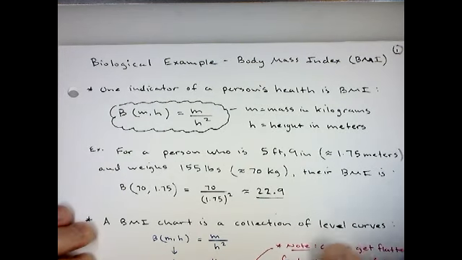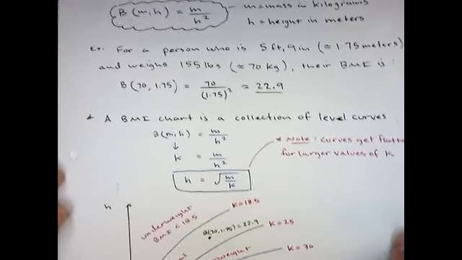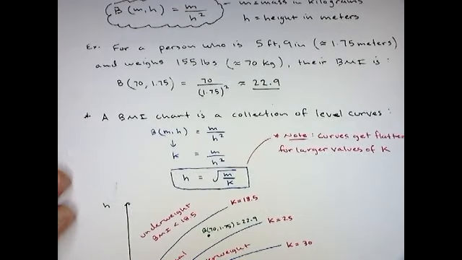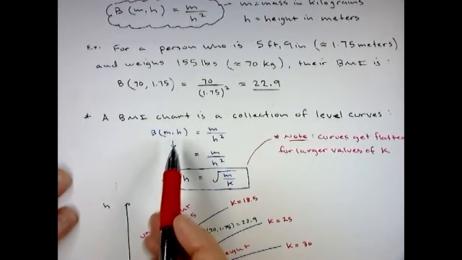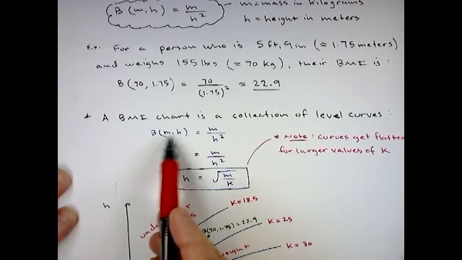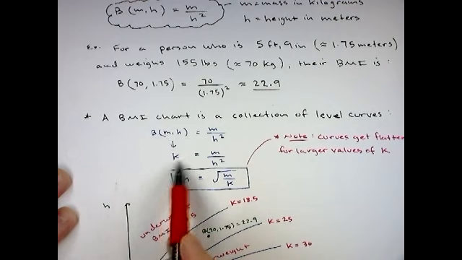And we were talking about level curves, and if you look at the level curves for the BMI function, remember how we do that is we set our function f of x y, normally, in this case B, which is a function of your mass and your height, equal to a random value k.